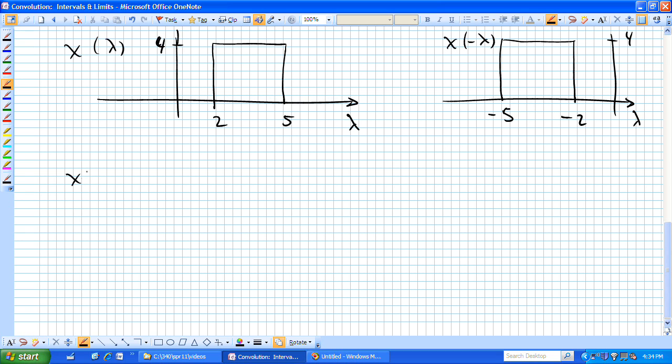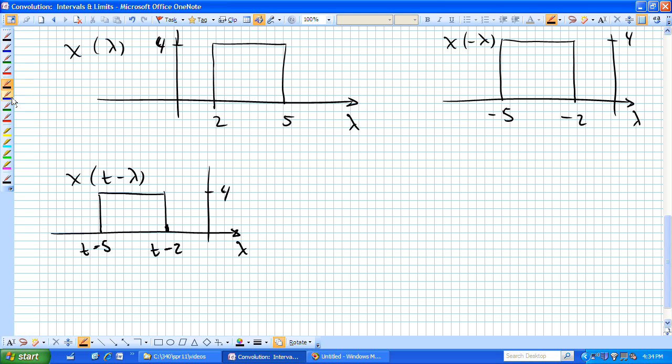If we now want x of t minus lambda, where t is this adjustable parameter, now we introduce the t on both segments or endpoints in x of t. We still have, although it's maybe not drawn consistently, the amplitude hasn't changed. That's 4. The leftmost endpoint is t minus 5, and the rightmost endpoint is t minus 2.